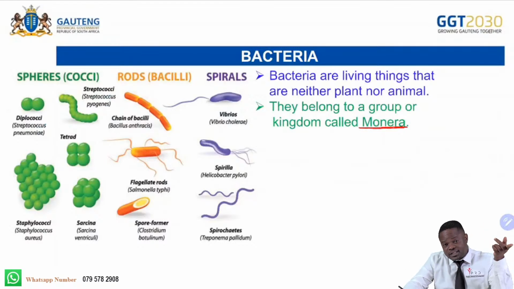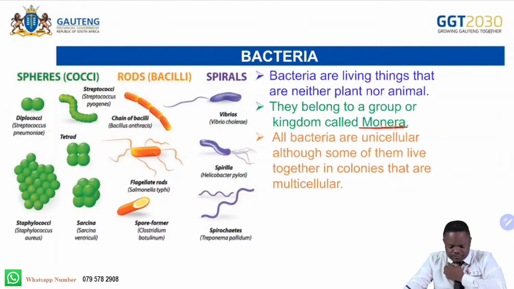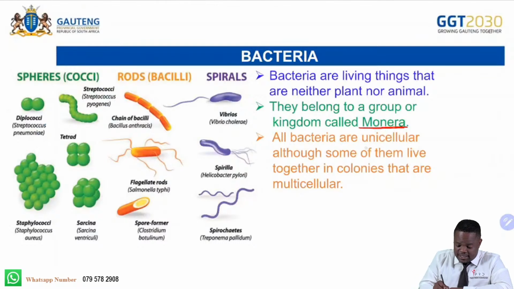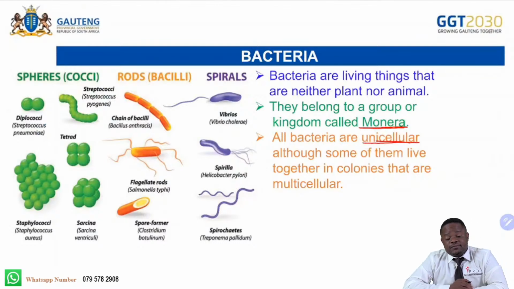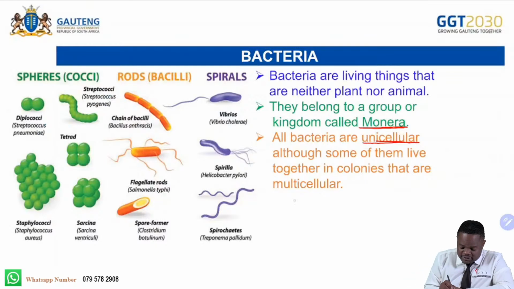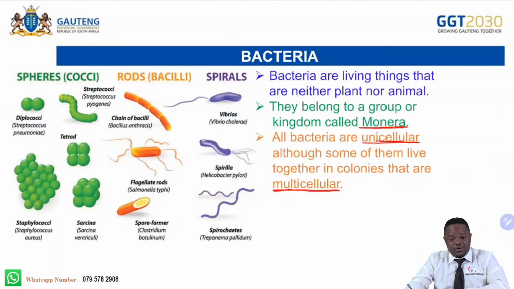Remember our classification from our grade 7. And then we're saying all the bacteria are unicellular, although some of them live together in colonies that are multicellular. I hope you remember these terms. And now let's look at our bacteria a bit closely there. We want to focus on some of the common ones that we know or we might have heard of.